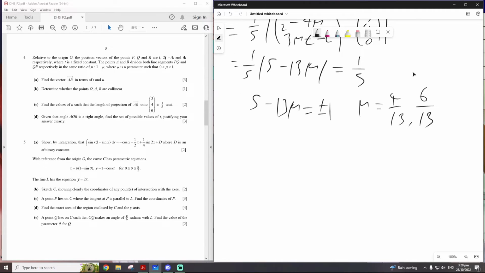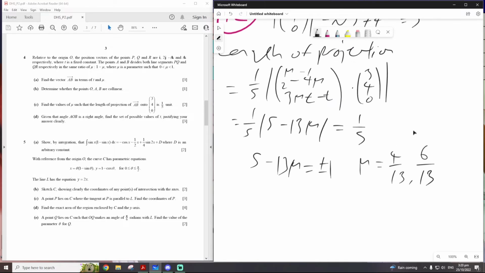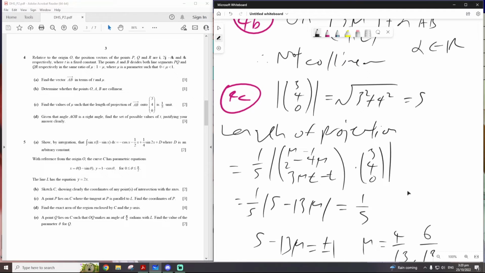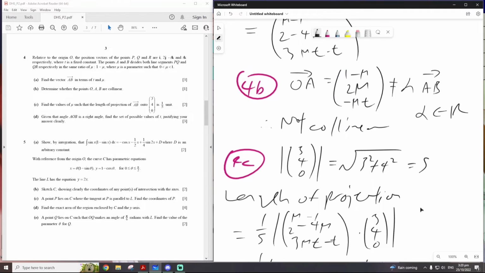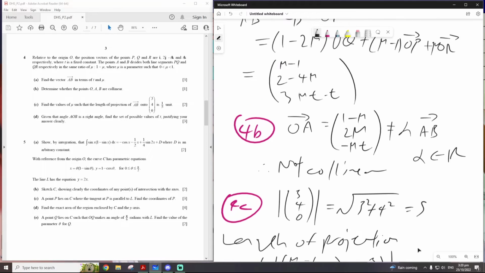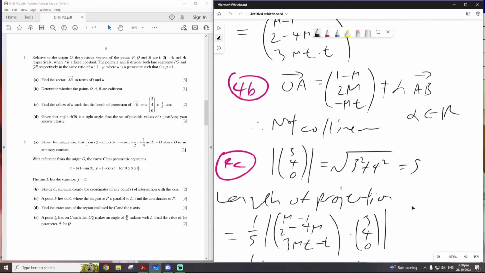Given the angle AOB is a right angle, find the set of possible values of t. So if AOB is a right angle, then the dot product, the scalar product, of OA and OB will be 0, right?